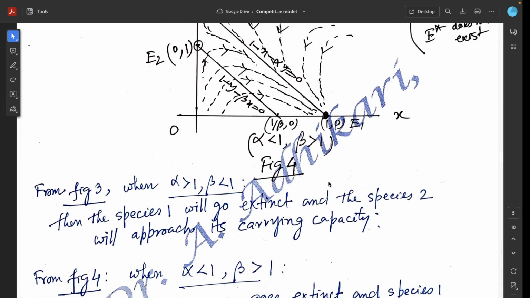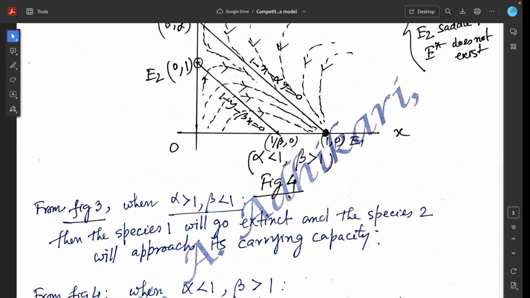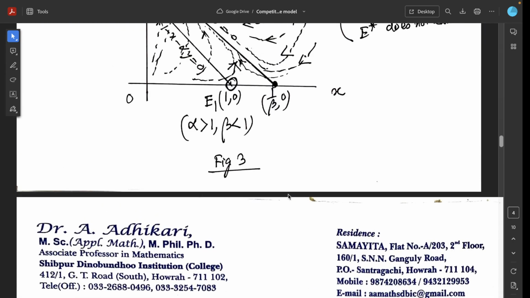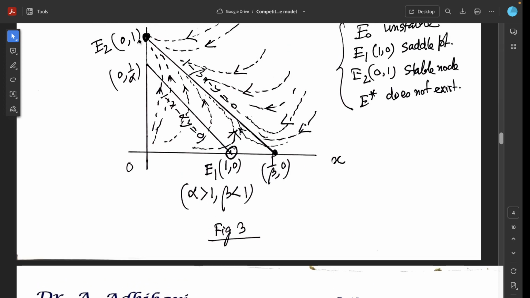The X-axis is for the first species, and the Y-axis is for the second species.